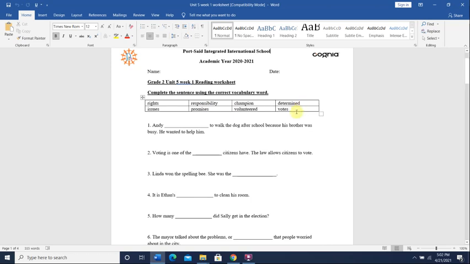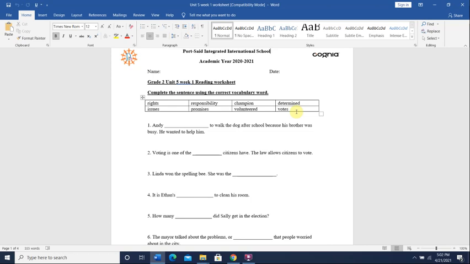Votes. Vote means to choose a person, as we said in the story. We use the word votes when we have people choose a certain person for an election, like to choose the leader of the country, a president. They have two people that want to become president, and people go and choose who they want.